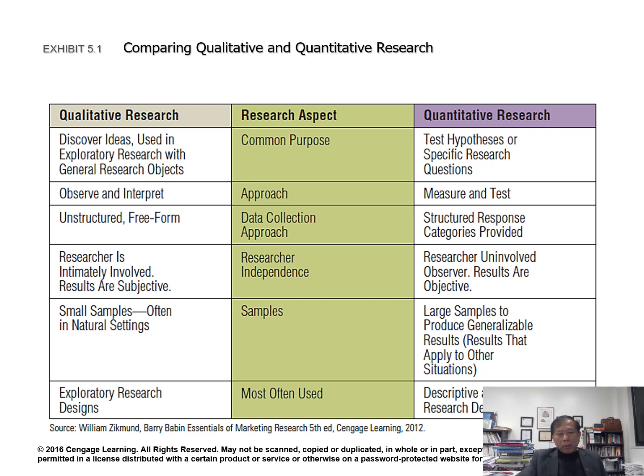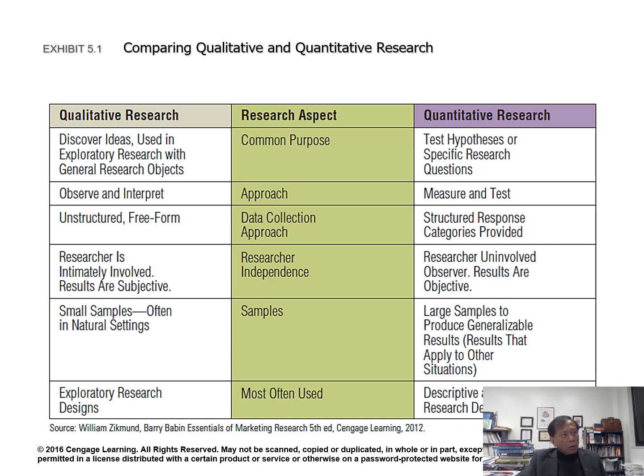As to the approach used, qualitative uses observation and interpretation, while quantitative uses measurement and statistical testing. As to data collection, qualitative is unstructured, free form, while quantitative is often a structured response where categories are provided.